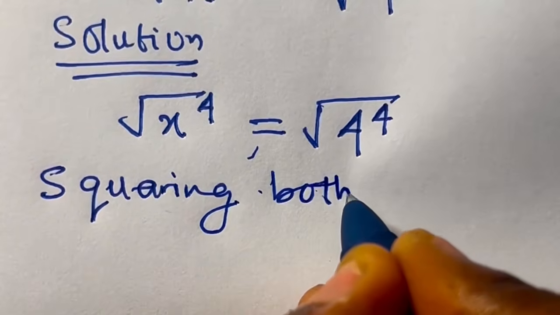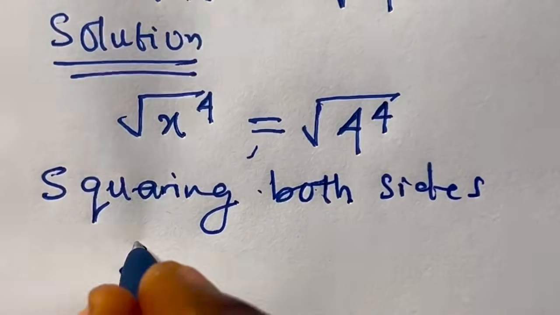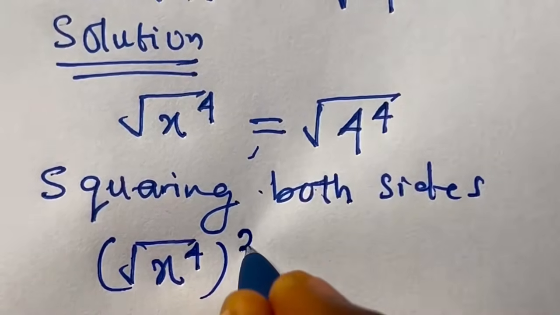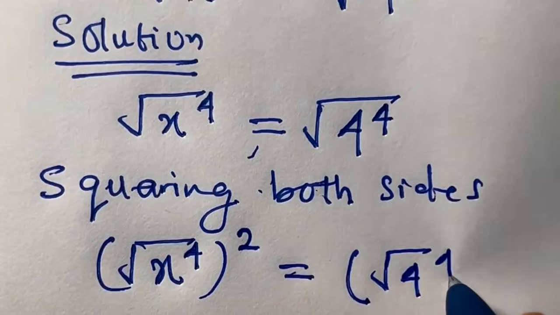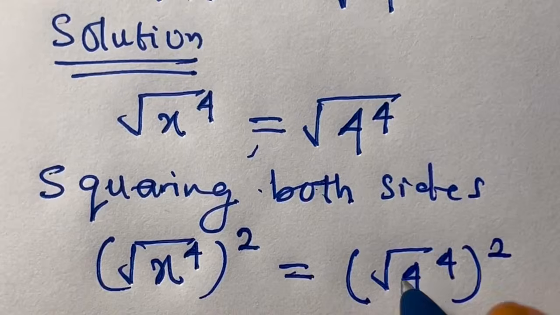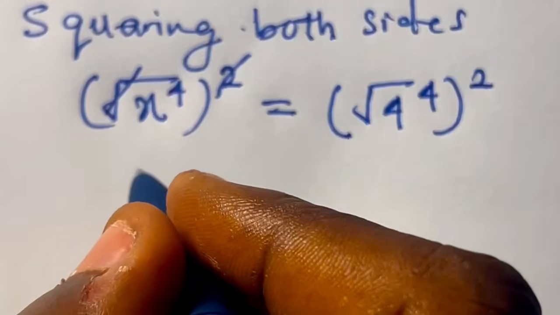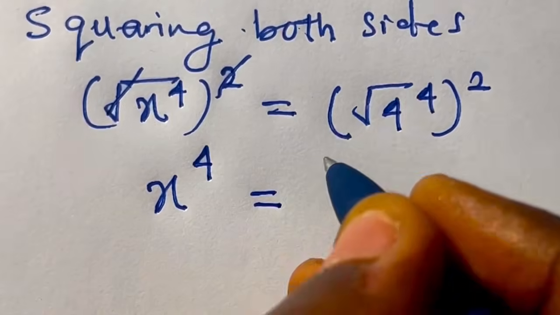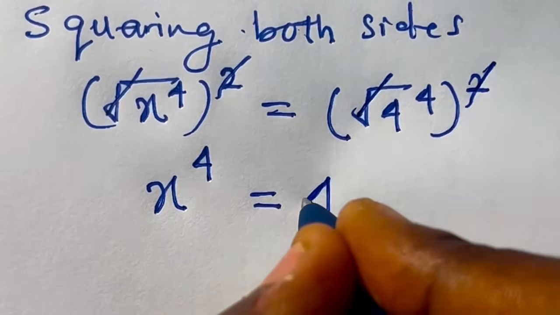Squaring both sides, you have square root of x raised to power 4, raised to power 2, equals square root of 4 raised to power 4, raised to power 2. Right? You cancel this out, so we have x raised to power 4 equals 4 raised to power 4.